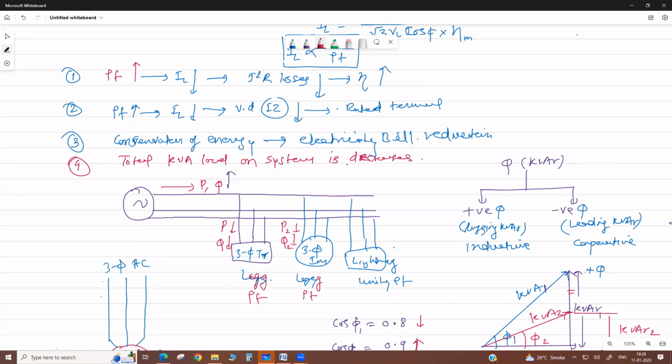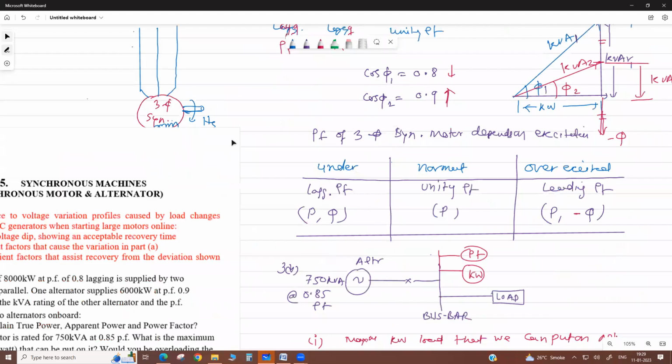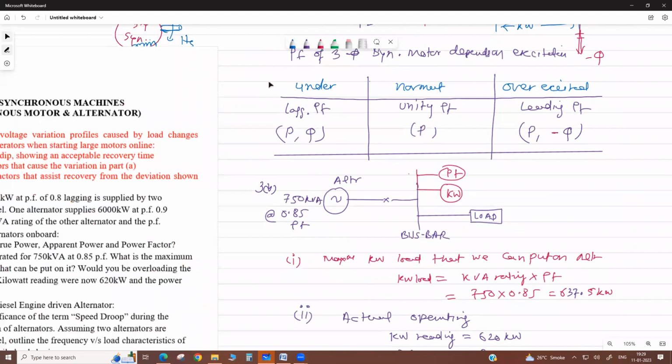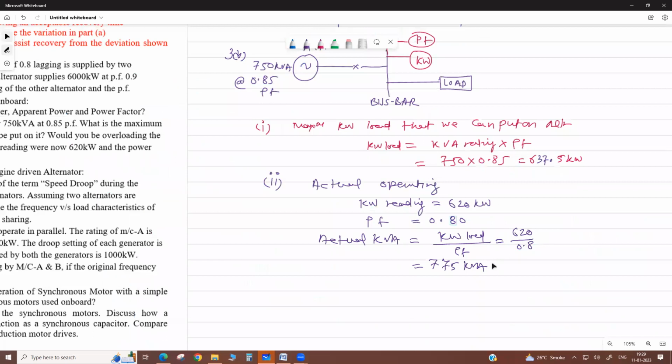See, earlier it is 0.85, now it is 0.8, so the kVA loads are higher.